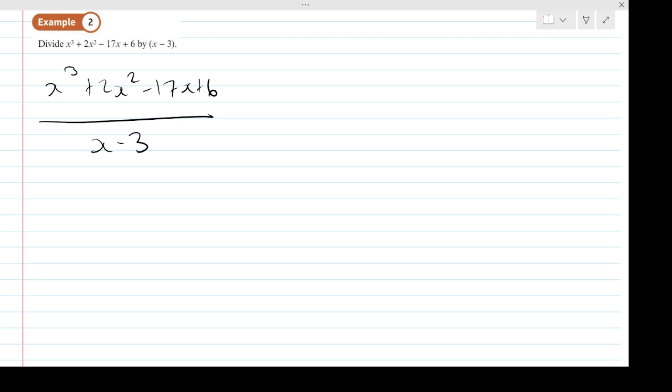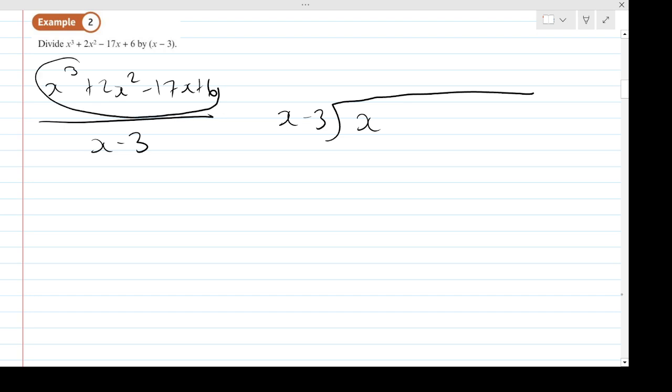So if we use a bus stop, outside of it is this divisor x minus 3, and then inside the bus stop we have the thing we're interested in, x cubed plus 2x squared minus 17x plus 6, okay?